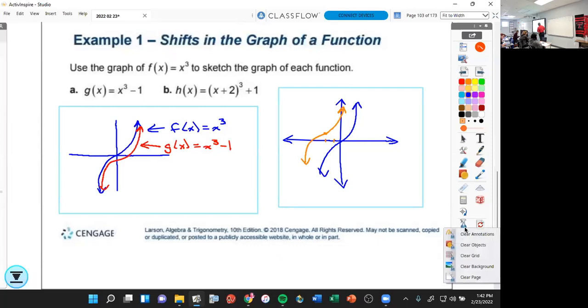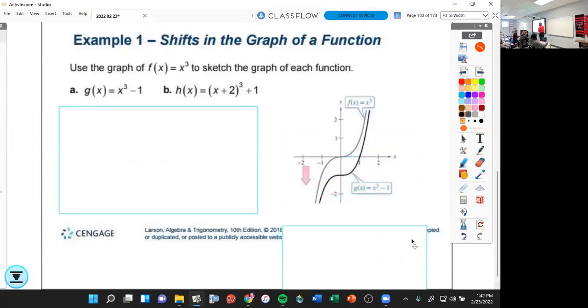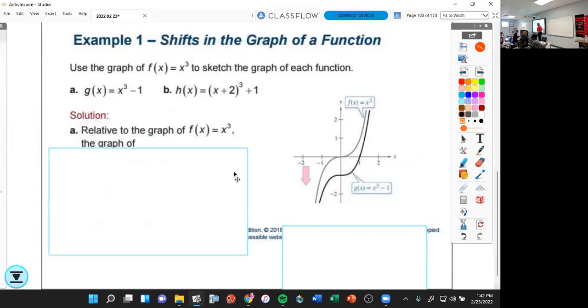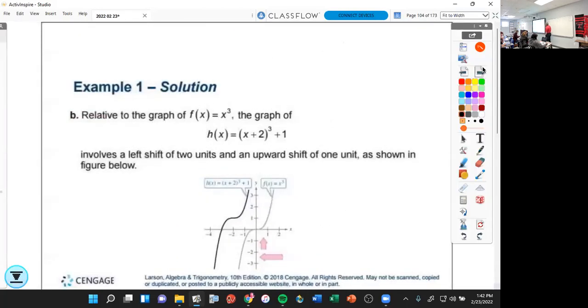There's the first one. They just talked about it over here. So there's the first graph. Next slide. And there's the second one.